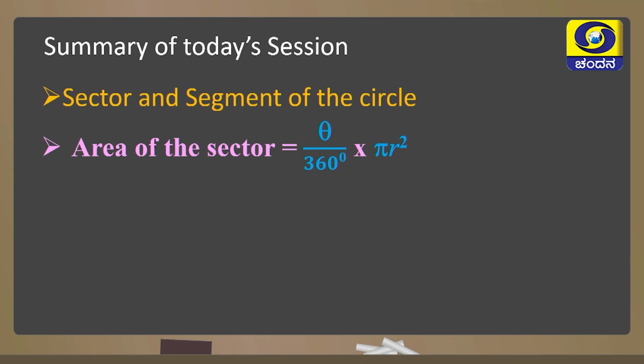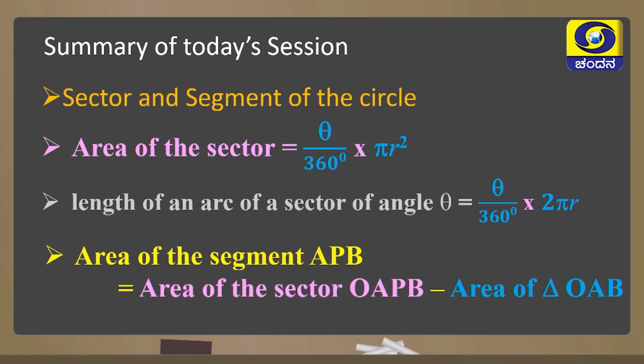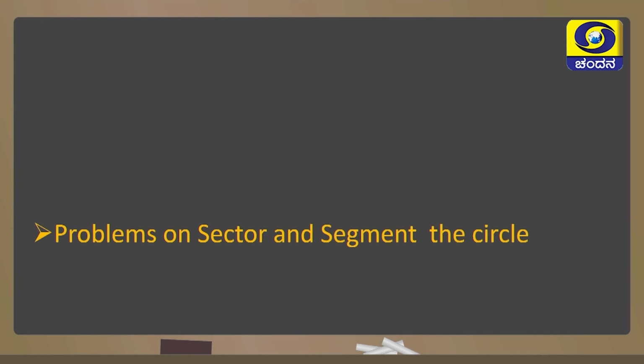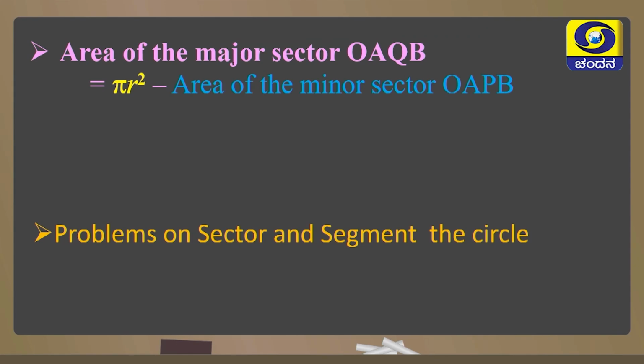The formula to find it is theta by 360 degree into pi r square, and also we discussed the formula to find the length of an arc of a sector of angle theta, that is theta by 360 degree into 2 pi r, and also we discussed the area of the segment APB is area of the sector OAPB minus area of triangle OAB. We also discussed how to find the area of major segment and major sector.